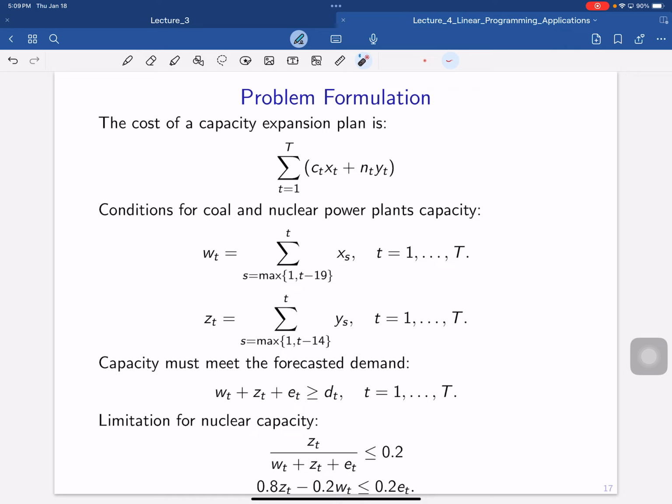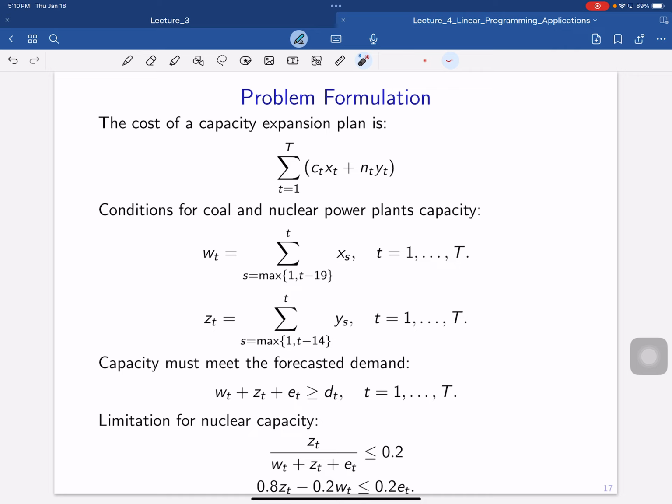And then we need to calculate the available coal and nuclear power plant at a given year T because they can retire, right? So in order to do that, it will be a summation over all the coal power plant you built in the previous years if the number of years is less than 20, right?